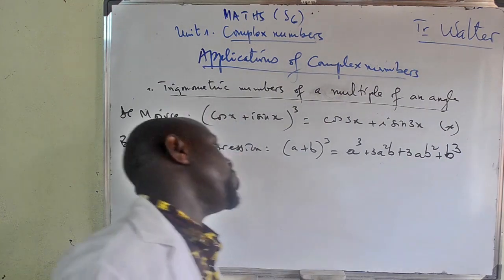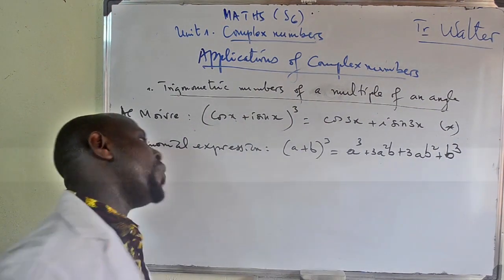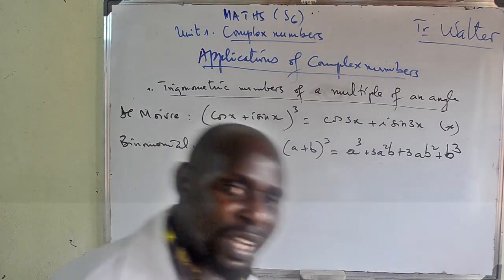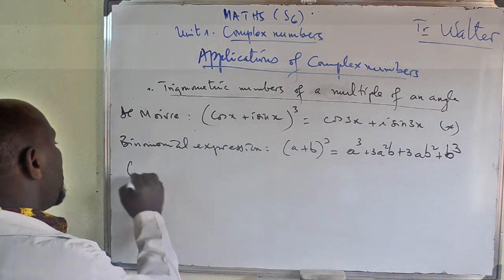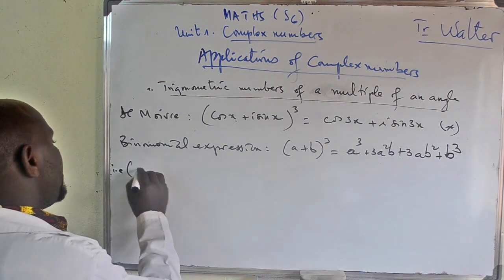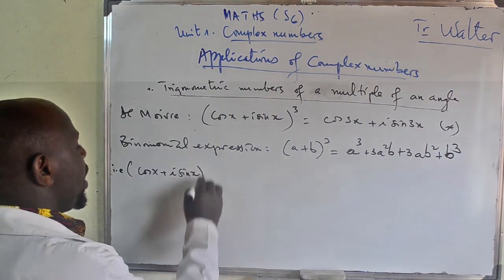This is what we have as the binomial theorem. So if you use this formula of the binomial theorem, which is from the expansion of Newton, we shall have cos x plus i sine x cubed.